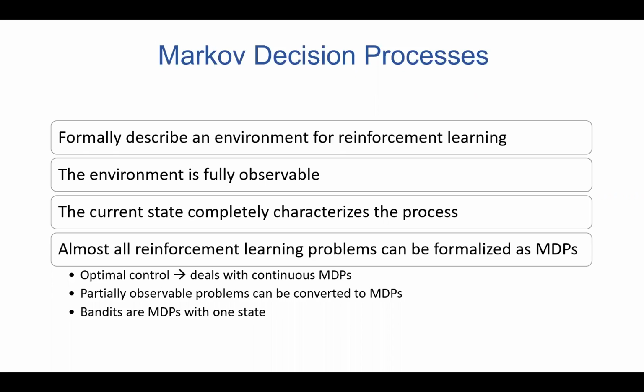And then we're going to talk about a new state in our search problem today, something that we're going to continue talking about this week and next week, multiple times. We're going to start with an environment that is fully observable, with states that completely characterize the process. I will talk about that in much more detail in the coming slides.